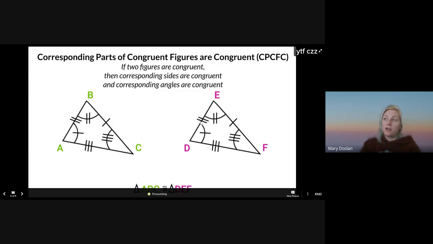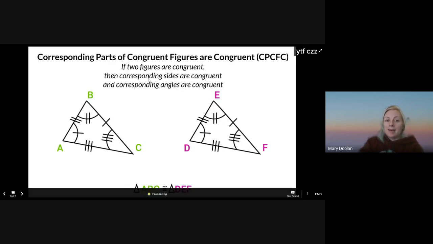This shows they are corresponding and they're congruent, the same length. And then AB is congruent to side length DE. They have double tick marks, which shows they are the same length. And finally, side length AC is congruent to side length DF. They have triple tick marks, which shows they are the same length.